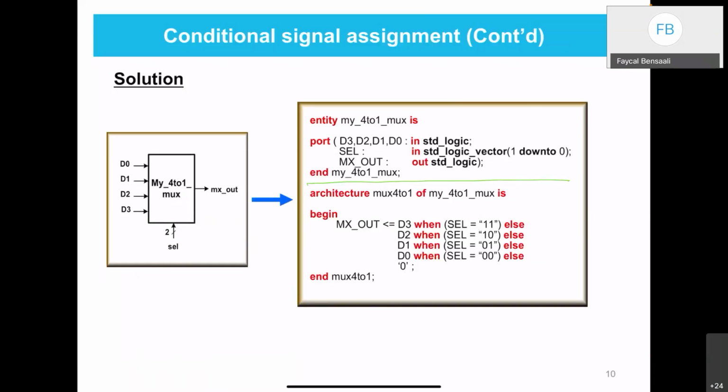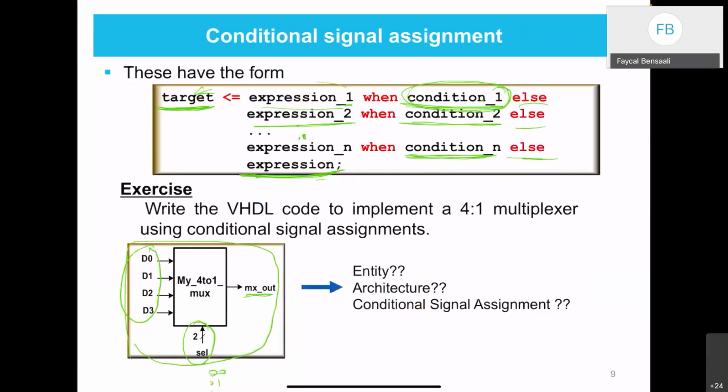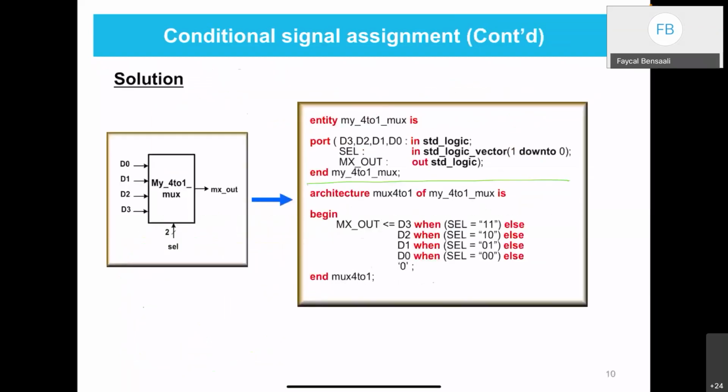Now I'm going to use this statement. So remember, we have target is equal expression when condition, and we keep repeating this, else, else, else. Now, because you know how the multiplexer works, right? The output M will be equal to D0 if select is 0 0.